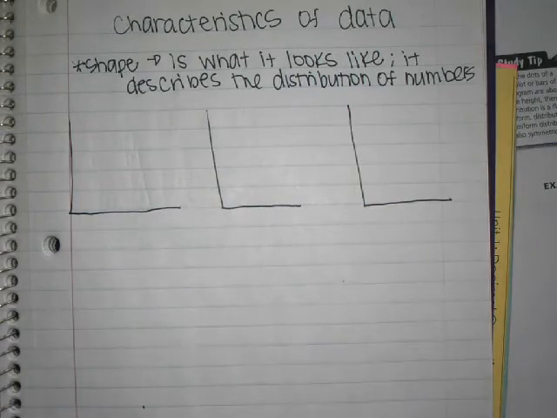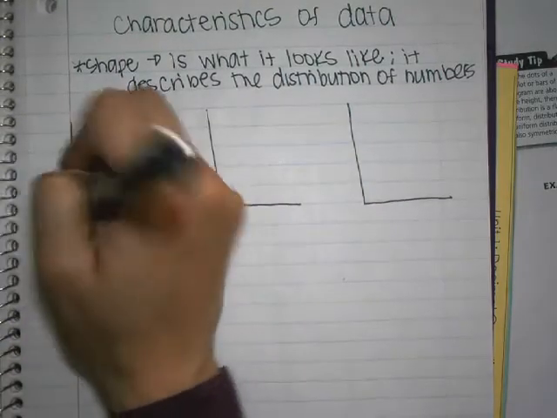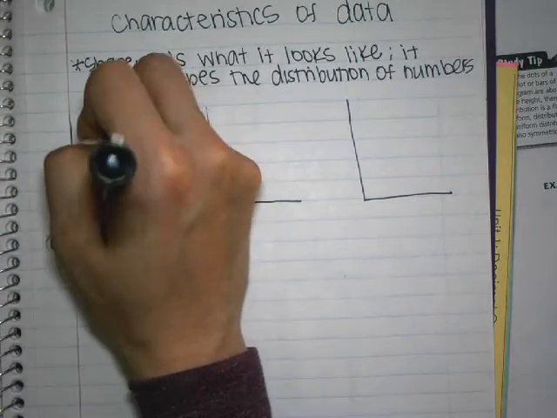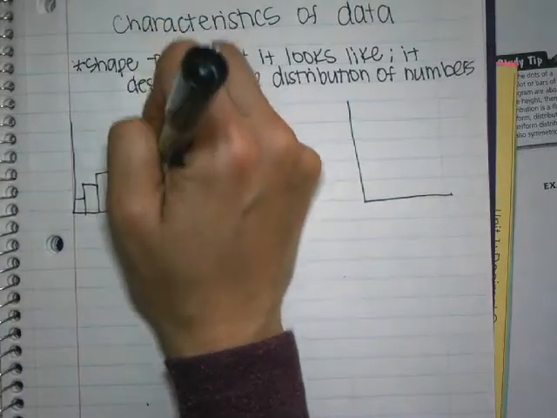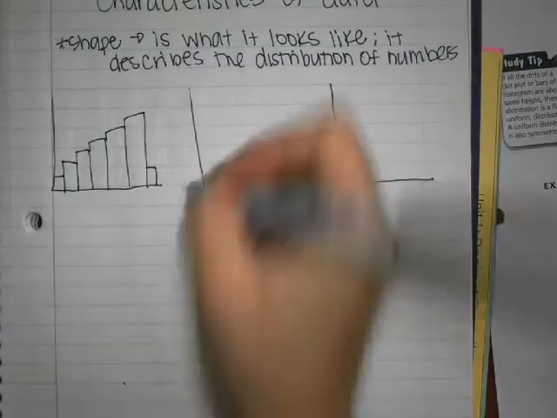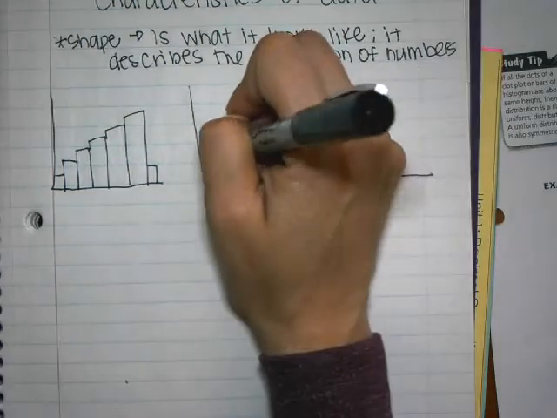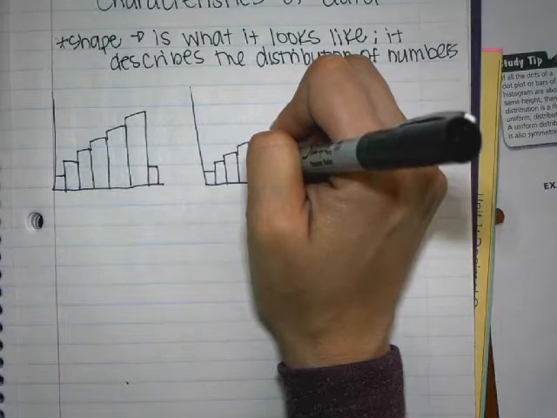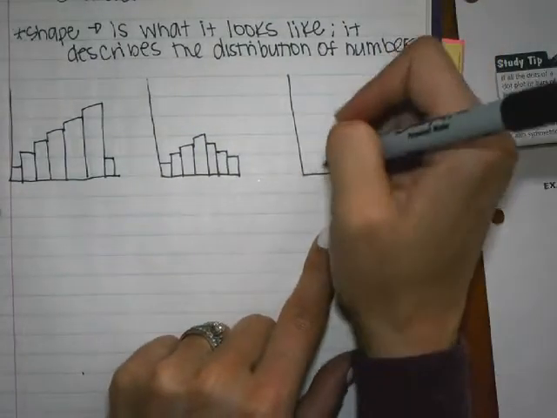Then we're going to draw this. This doesn't have to be perfect, okay? So draw that one. Draw this one. And then draw this one.